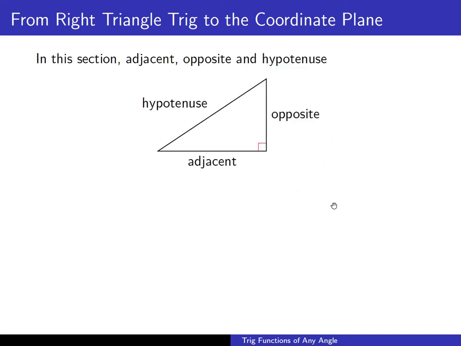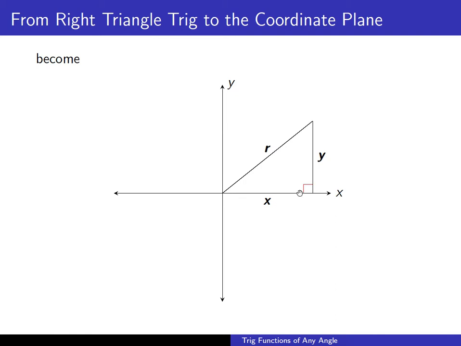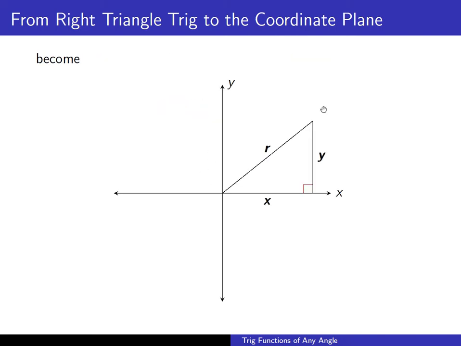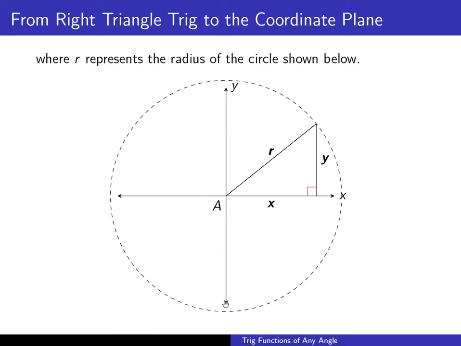So the key difference is, again, in the coordinate plane, the adjacent becomes an x coordinate, the opposite becomes a y coordinate, and the hypotenuse becomes a radius of the circle that we can rotate around the coordinate plane where the center is the origin, and wherever we end up, we'll have an x coordinate and a y coordinate. So for instance, if our radius, like a spinner, ended up in the second quadrant, our x's are negative and our y's are positive.